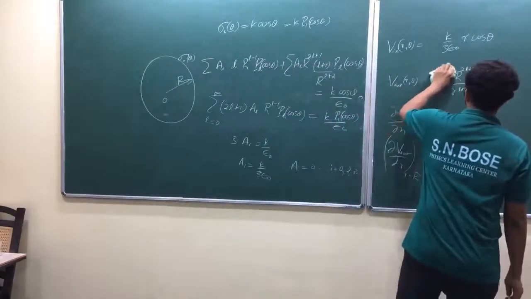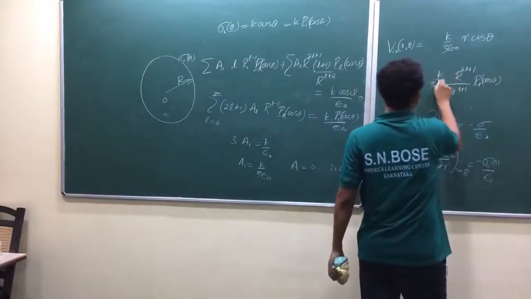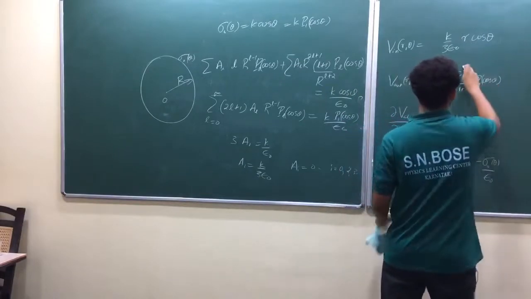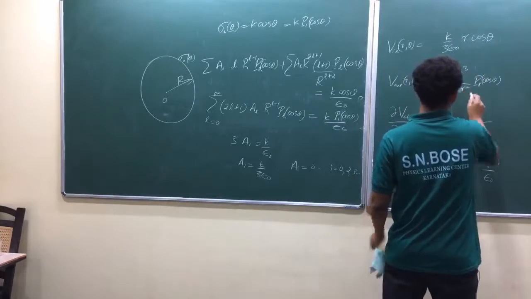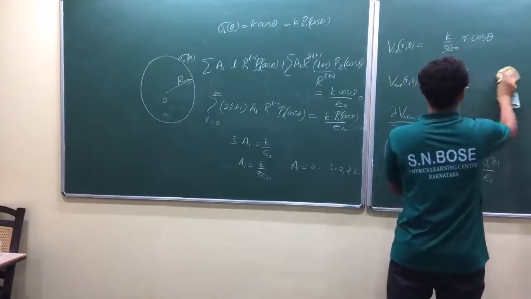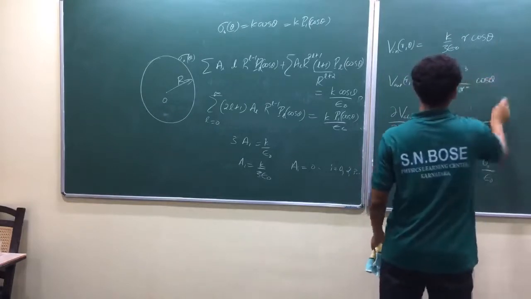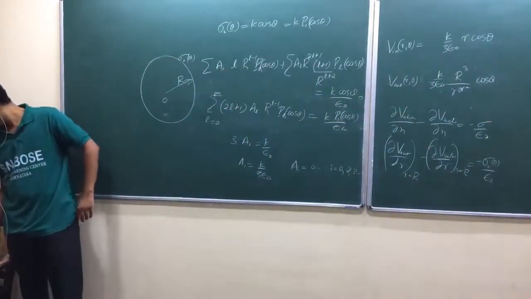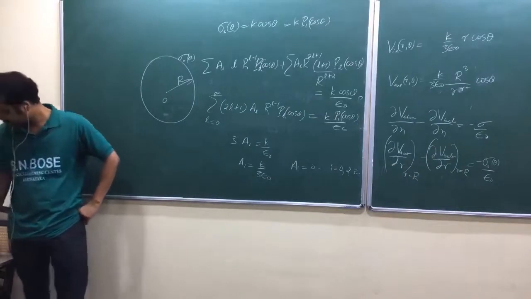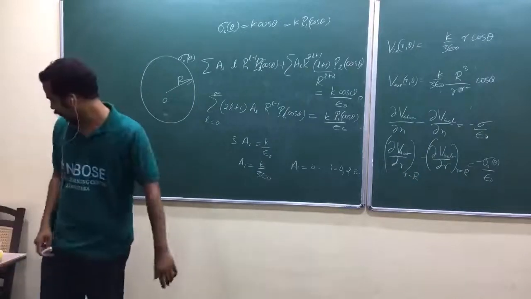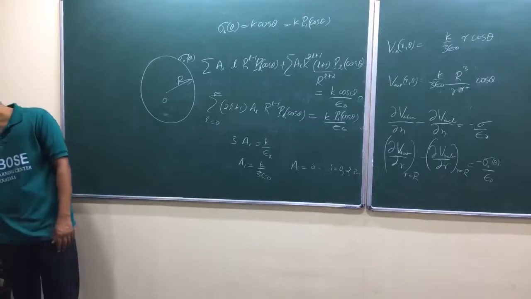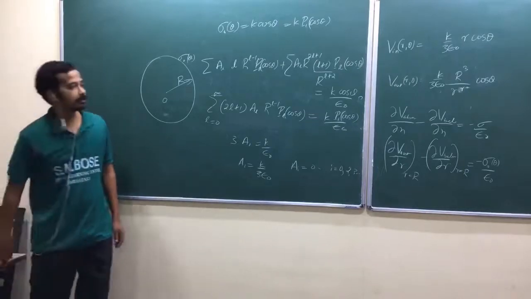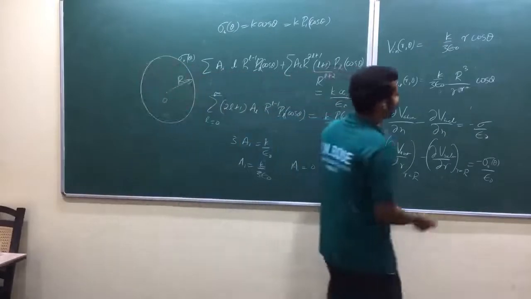L is equal to 1, K by 3 epsilon naught, R to the power 2L plus 1 means R cubed, divided by r squared. P1 of cos theta means cos theta. Check this out. Inside potential: K by 3 epsilon naught r cos theta. Outside potential: K R cubed by 3 epsilon naught, 1 by r squared, cos theta. That's correct.